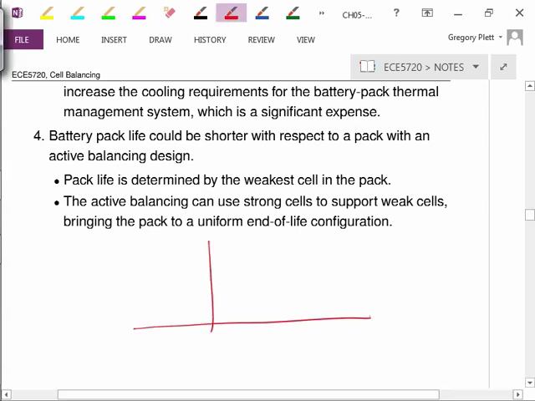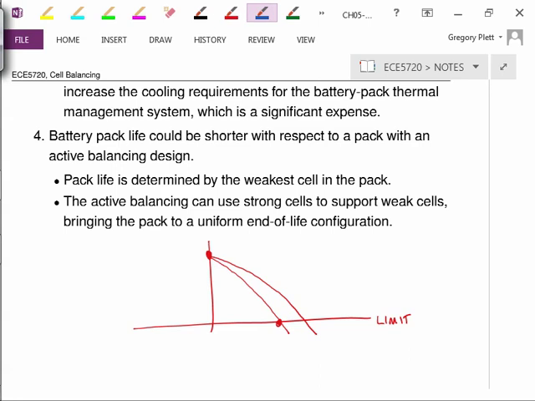So if we think about cell performance over time, they might all start the same, but suppose I've got a weak cell that does that versus time and a strong cell that does that versus time. The pack life is determined by when my weak cell hits my limit, my design limit. If I can stress the strong cells in order to take stress off the weak cells, I get a behavior that's more like an average cell behavior.